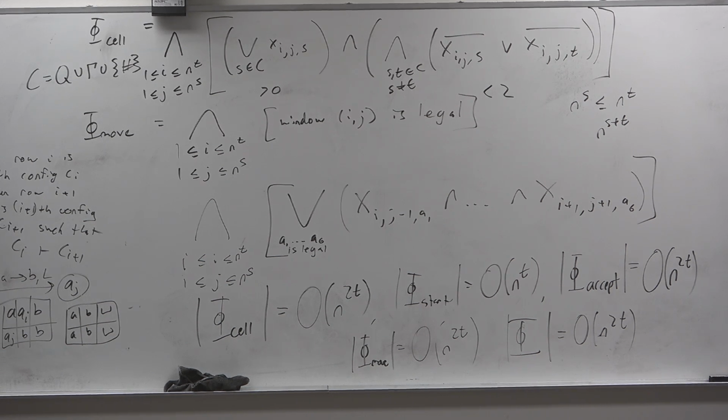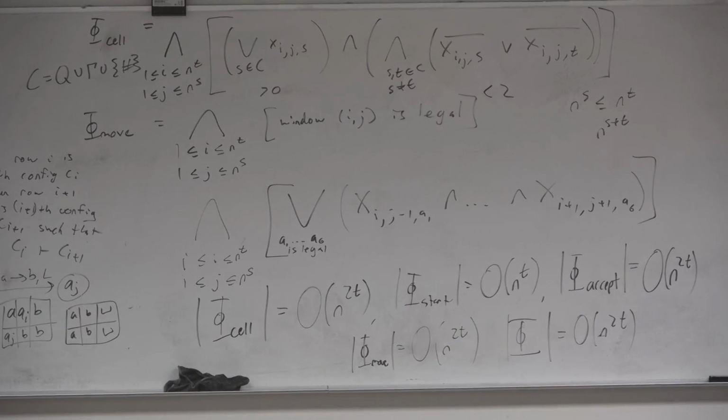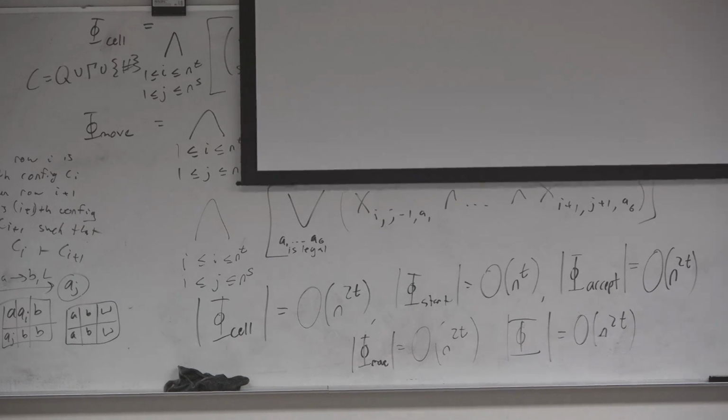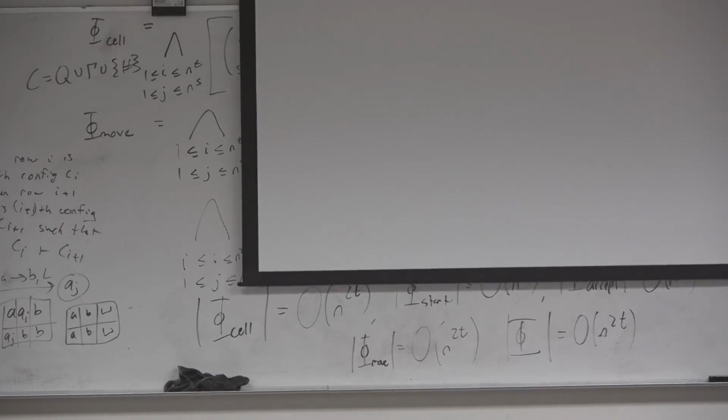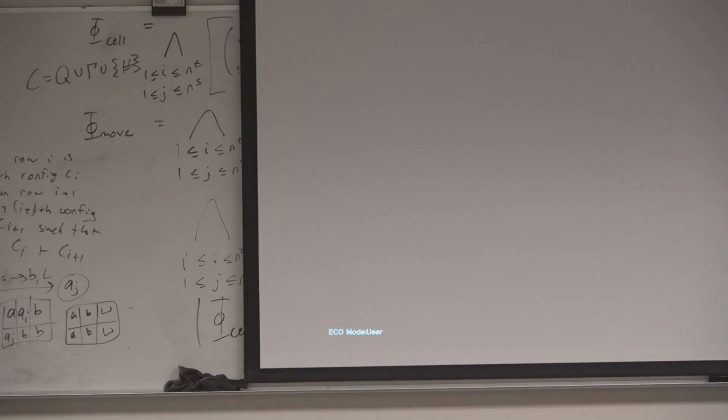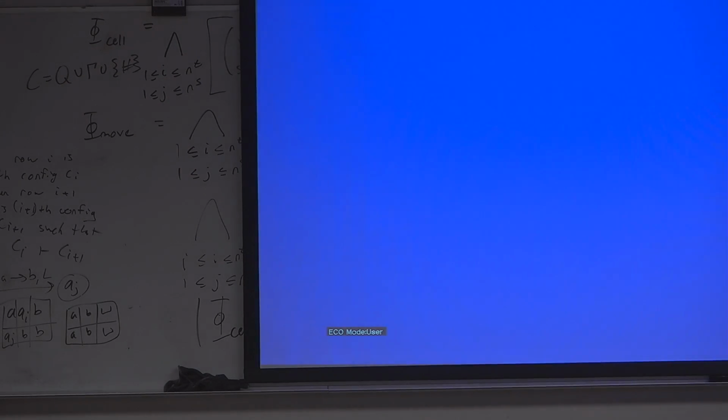I'll give you one more proof of Cook-Levin, which, I don't want to say it's the better way, but it's the more algorithmic way. So, real quick, this proves that SAT is NP-hard. We did that little language B over there.